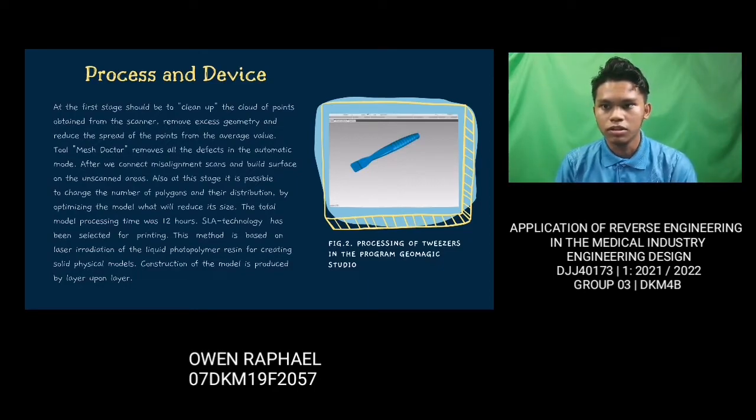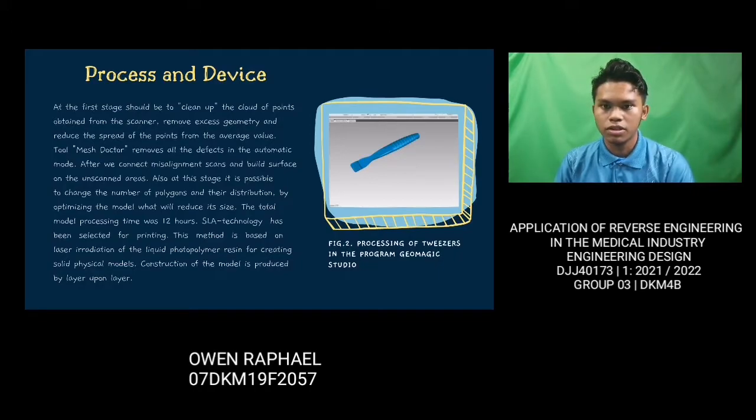The Mesh Doctor tool removes all the defects in automatic mode. After that we connect missed elements and build surface on the unscanned area. Also at this stage, it is possible to change the number of polygons and their distribution, optimizing the model, which will reduce its size. The total model processing time was 12 hours.